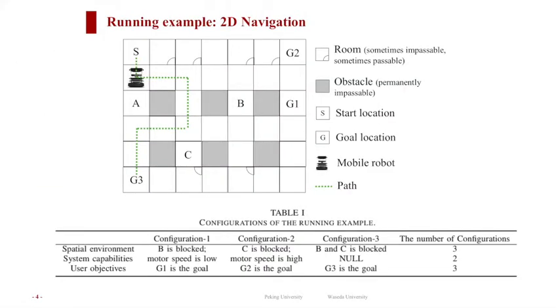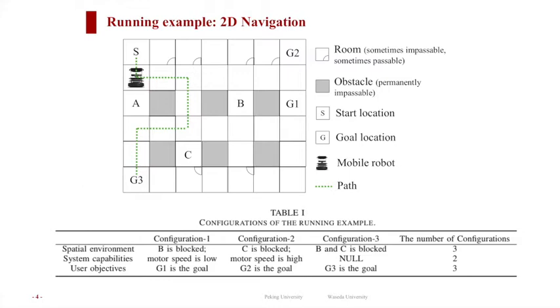First, to illustrate our main idea, we show a running example about 2D navigation. A mobile robot is ordered to drive from a start location to a goal location in a building. The mobile robot is equipped with a laser finder and uses SLAM to sense the spatial environment.